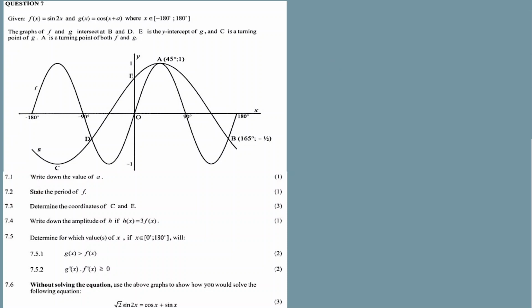Then they say the graphs of f and g intersect at B and D. A is a turning point of g, and E is the y-intercept of g, and C is a turning point of g. A is a turning point of both f and g, as well as a point of intersection.